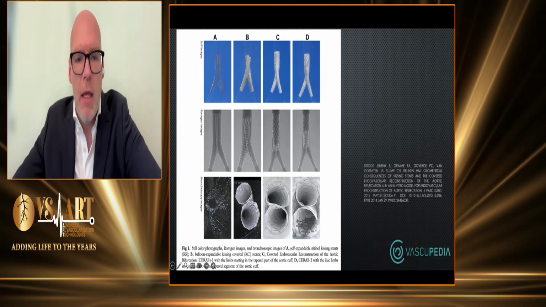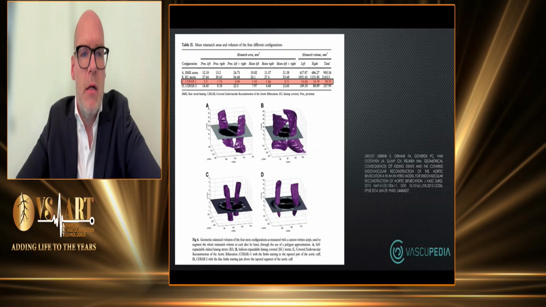And the best way to see the radial mismatch is here: the CERAB system has the lowest radial mismatch. So what we found is that normal stents have a higher radial mismatch than the covered stents, and the best one is the CERAB system.